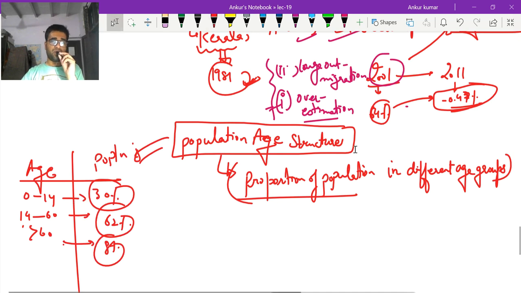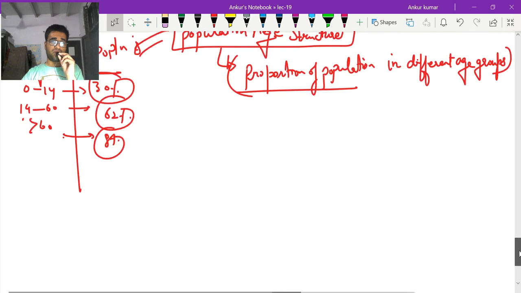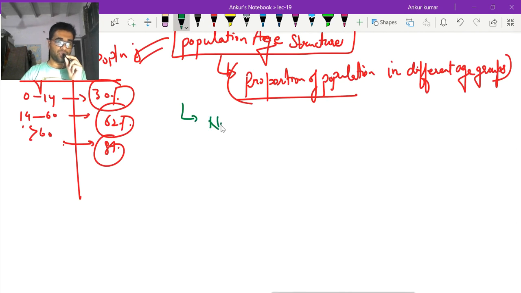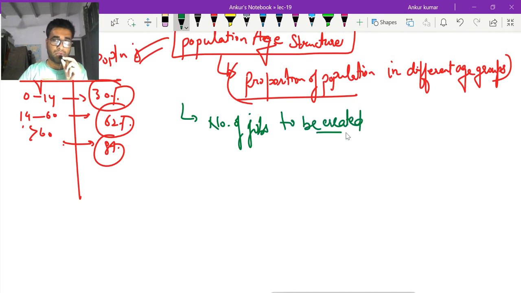Now why is it important to study the different age groups? Because by studying the population age structure, you would come to know the number of jobs to be created. Okay, the more the population in the 14 to 60 bracket, the more jobs you have to create. By studying the population structure, you will come to know the social sector spending.